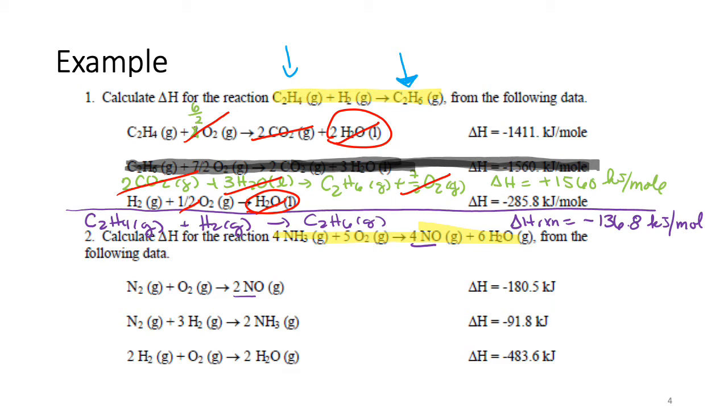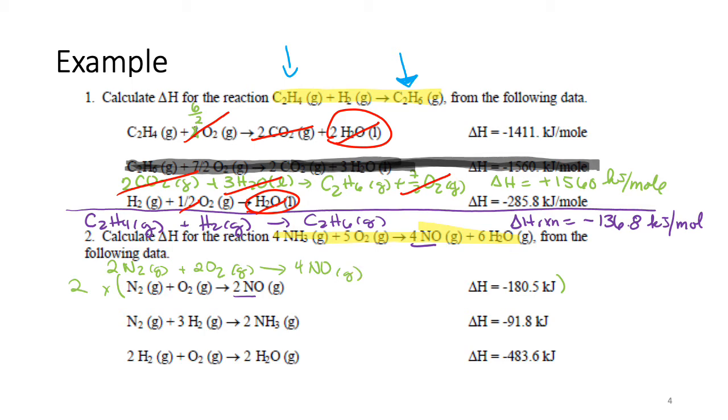So I go ahead, I multiply by 2, the whole shenanigans, which gives me 2 N2 in gas form plus 2 O2 in gas form, make 4 NO in gas.